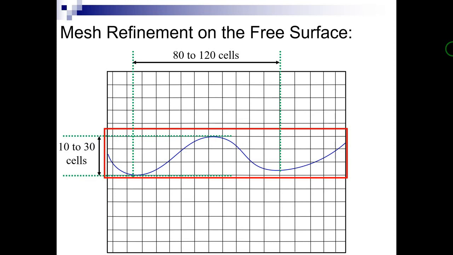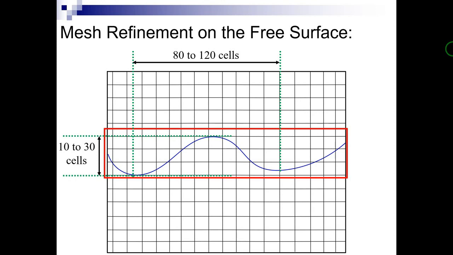Moreover, the refinement parallel to the undisturbed free surface can be applied by discretizing the free surface in this direction using nearly 80 to 120 cells per wavelength. However, here in this tutorial, in order to reduce the computational cost, we're going to use 10 cells per wave height and 60 cells per wavelength.